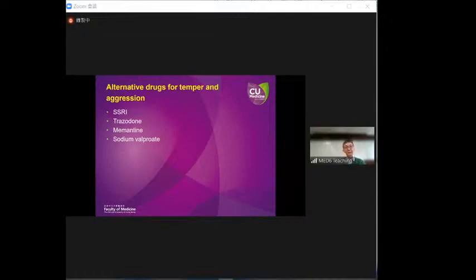It's very sedating, so by giving it at bedtime, it helps with sleep in people with dementia. So it's a useful drug. Memantine is useful for behavioral problems, but the effect is small. Sodium valproate will reduce temper and the aggressive response to temper, but it has a lot of drug interactions.